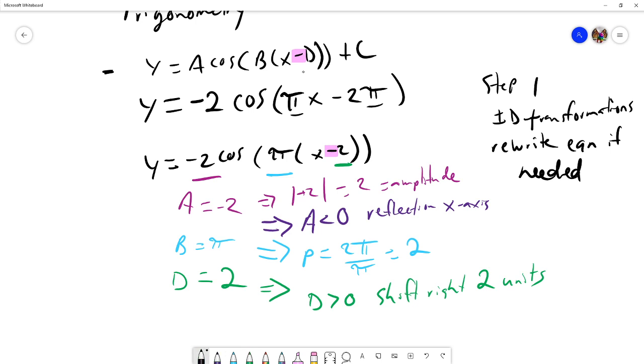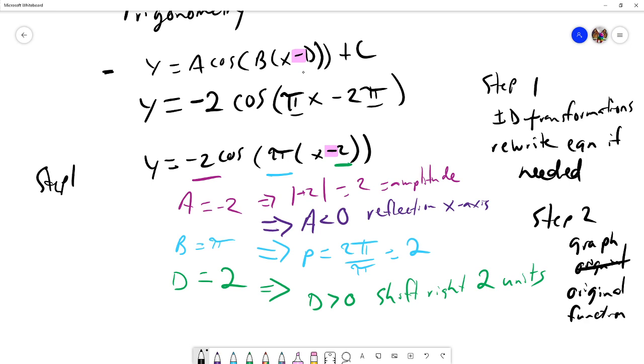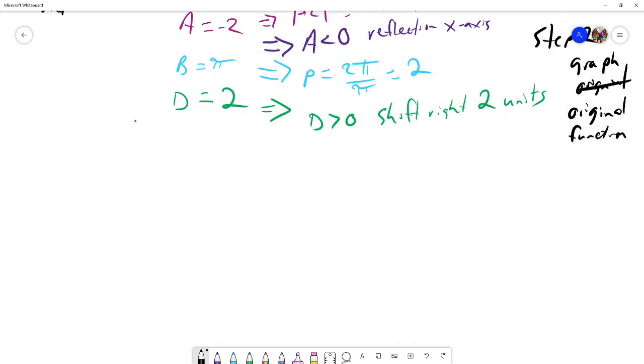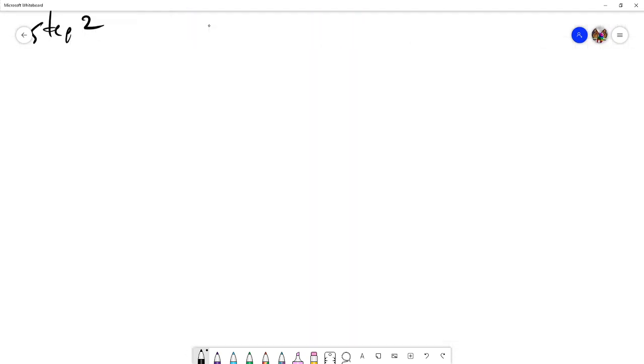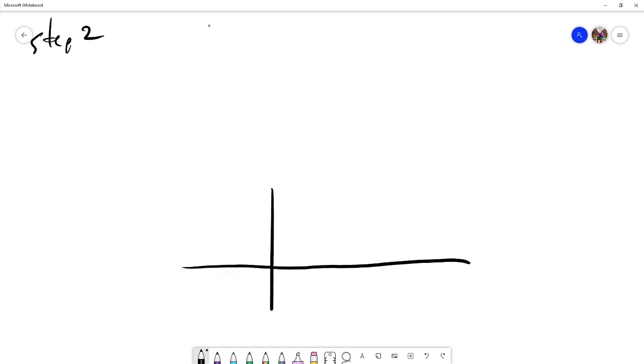So step 2 was graph the original function. So this is step 1 we just did. Alright, so step 2. In fact, we're going to move this down here a little bit. So cosine, we actually want to start up here.